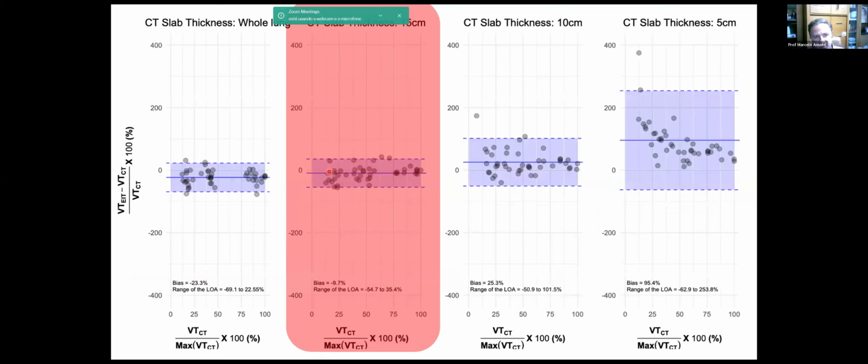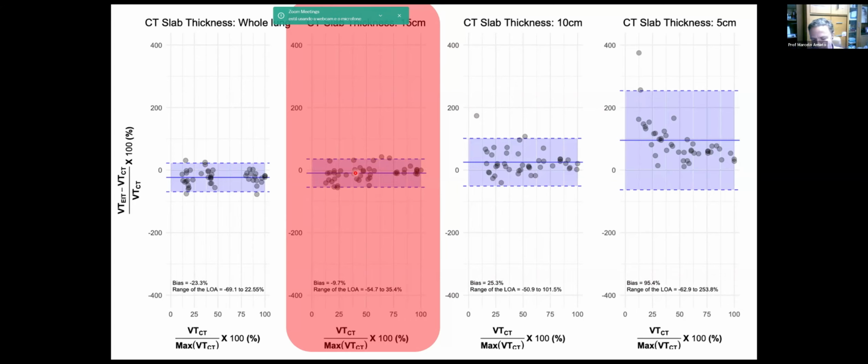And again, the best agreement, with more precise limits of agreement, was found when the slice thickness was about 15 centimeters.